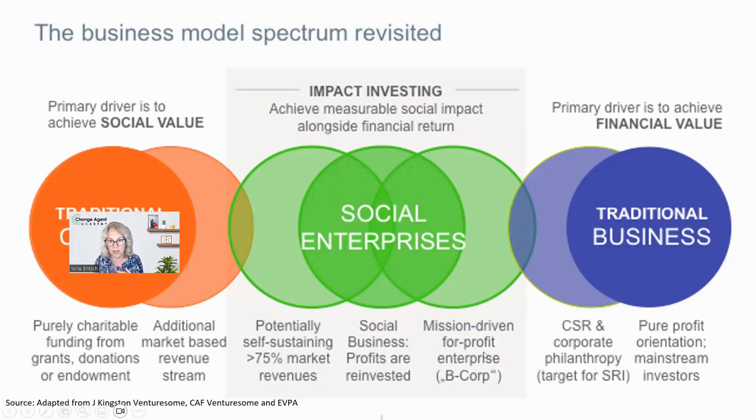Then the third type is a mission-driven for-profit enterprise. And that could be a B Corp. And of course, it's a for-profit structure, a proprietary limited, but the amount of profit that goes back into the organization is somewhat less than a social business. So those are the 3 different types of legal structures for being socially enterprising.